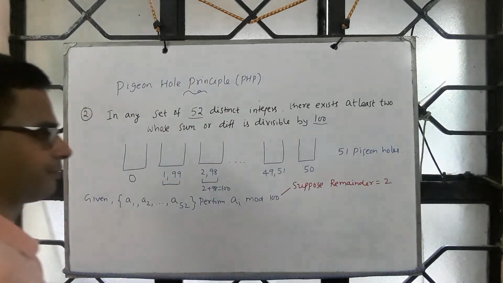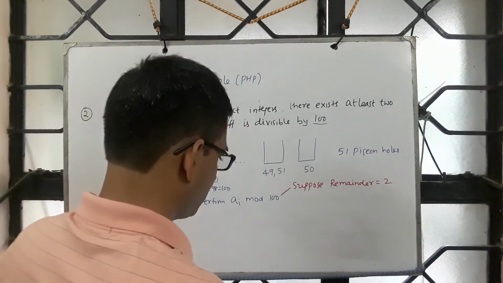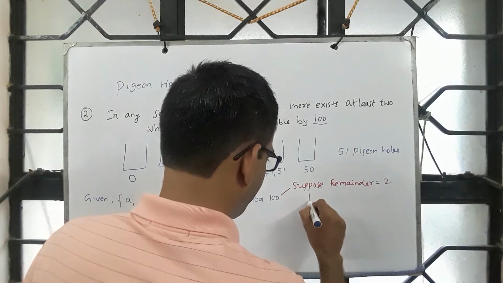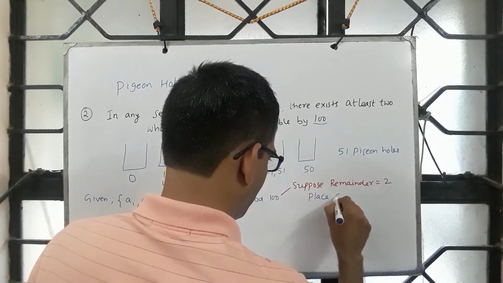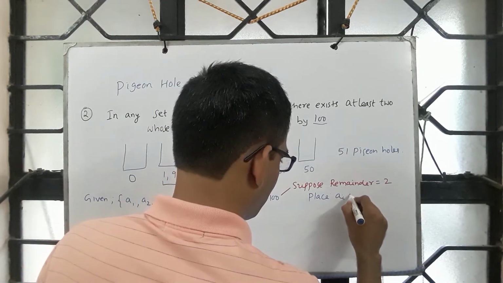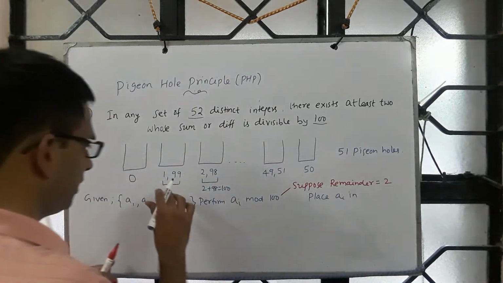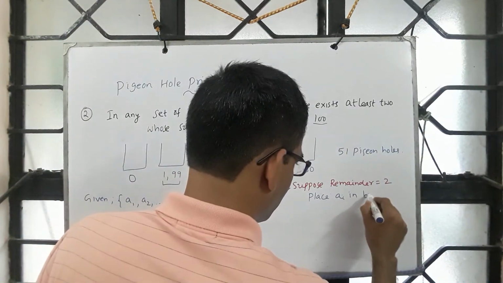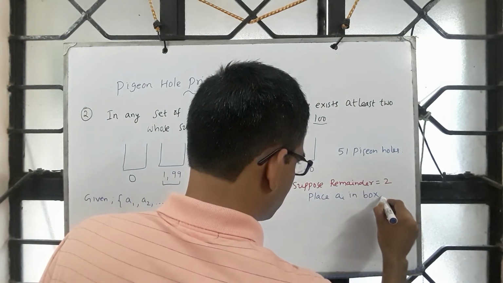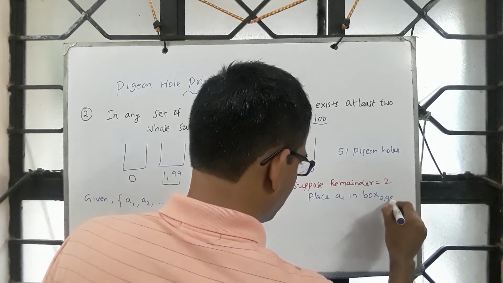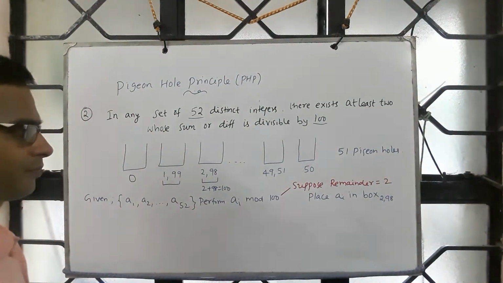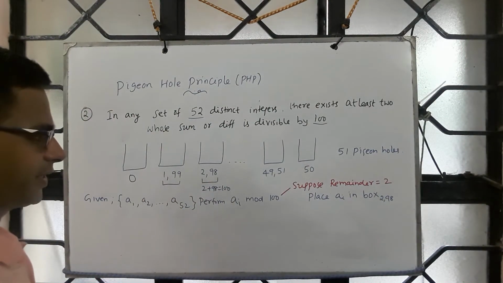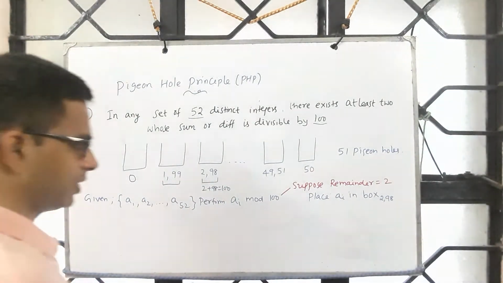If that's the case, what you do, place AI in the box labeled 2, in box 2 comma 98. There is a box that's labeled 2 comma 98, you place it there.